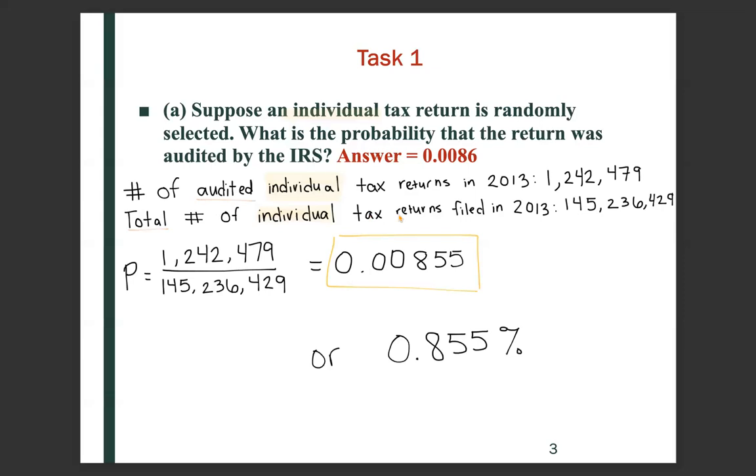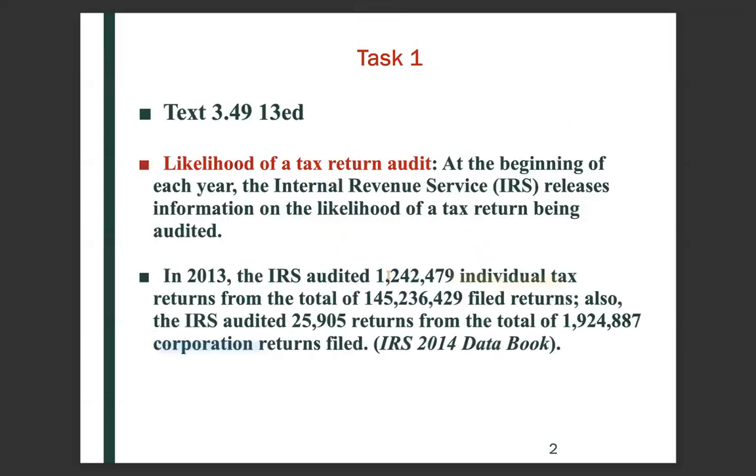So if I go here, we have 1,242,479, that's how many were audited individual tax returns, and the total was 145,236,429.